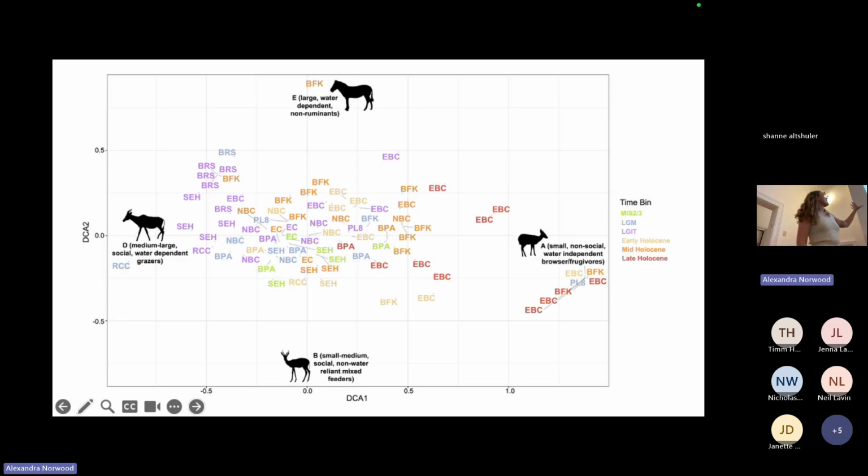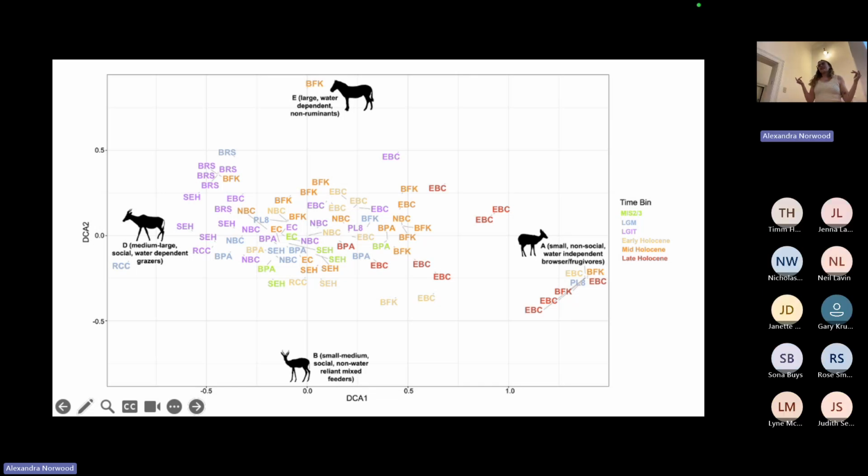What I'm showing you here is a detrended correspondence analysis that I don't need to get into the math of at all. What I want you to take away from this picture is that this graph is separating out our points, which are our faunal communities through time, based on whether there are more browsers or more grazers. These points are colored by the time period they're in, and the text represents the names of the different sites that you saw on that map.